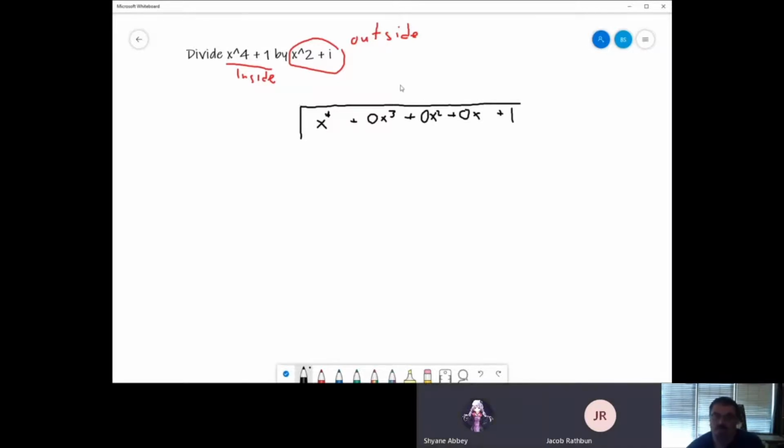I think when I went through the assignment, I never had a question where it was missing more than one of the exponents. Yeah, one of the x's. So it was like x cubed plus x plus i or whatever.